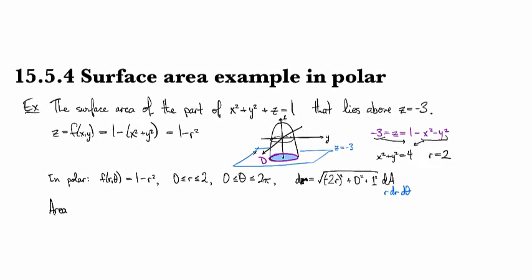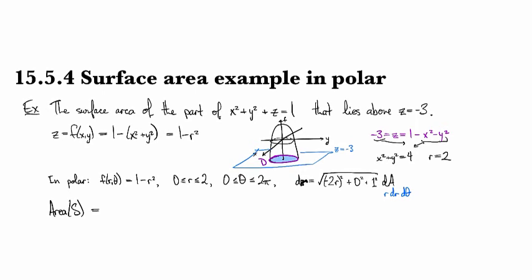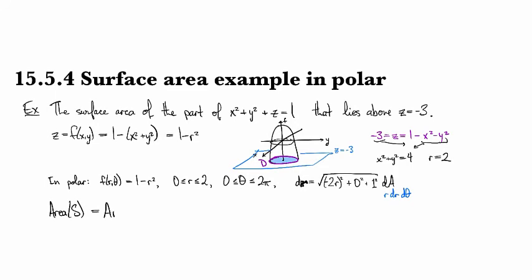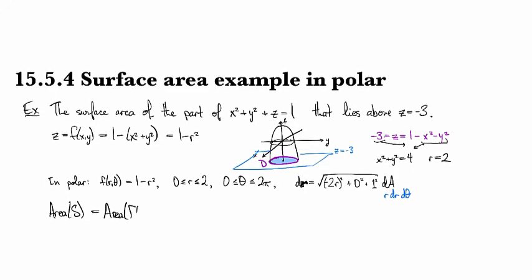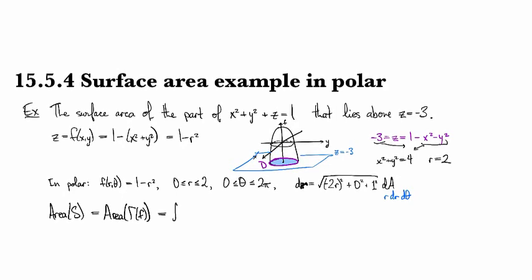The area then of this surface, this graph of f, is going to be, do we want to call it S? Do we want to call it graph of f? Let's call it both. Same thing. Okay, so now I'm going to set up the integral over this region.